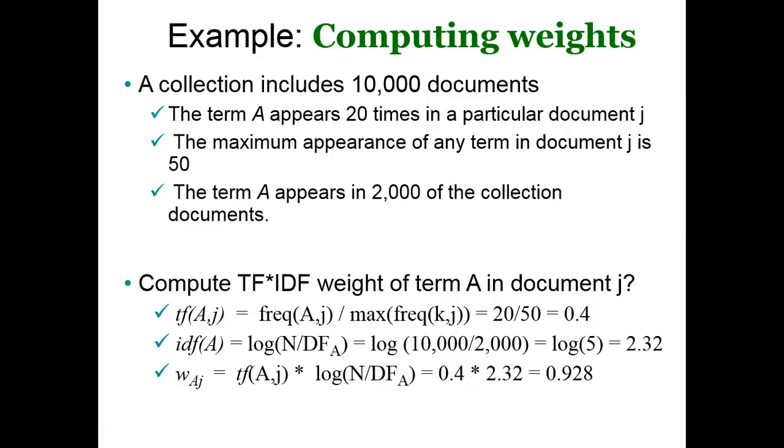So that means term A is relevant for representing document J because it is appearing frequently in document J, but appears in only some of the documents out of our collection of 10,000, 2,000 times.